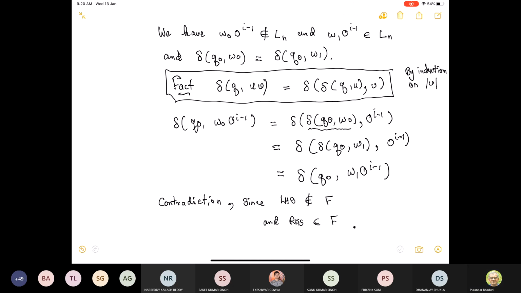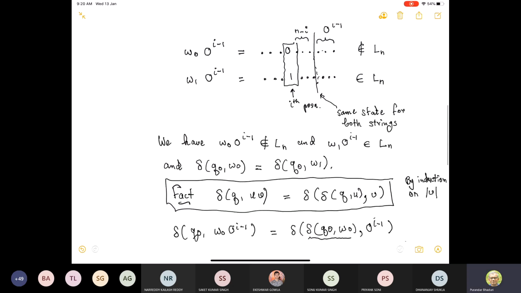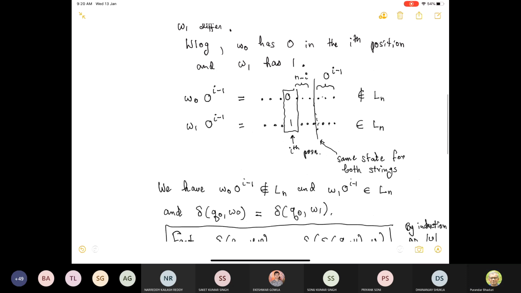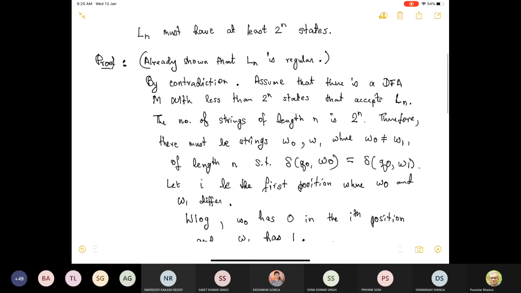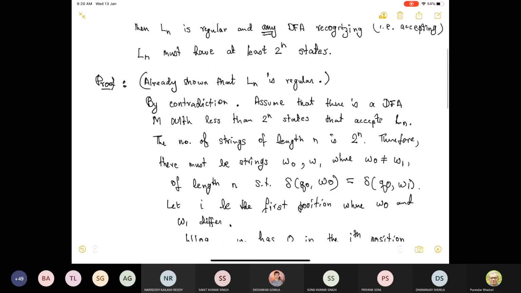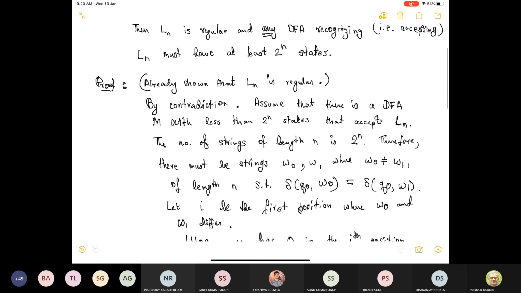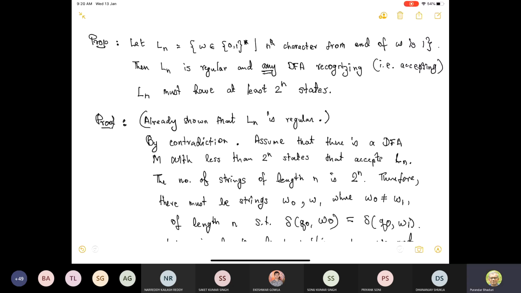Any doubts? Any doubts about the proof anywhere? Okay, so this is how proofs work. We don't rely on our intuition to justify anything.